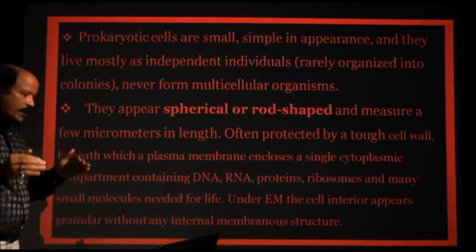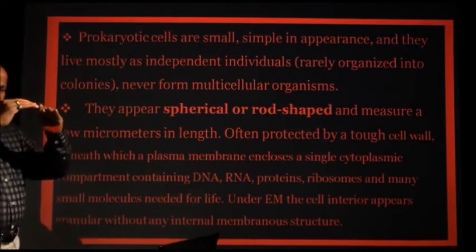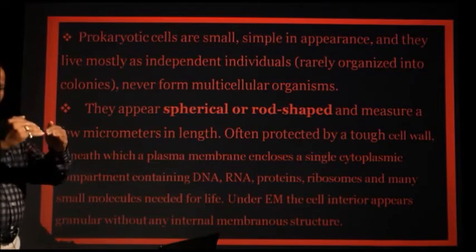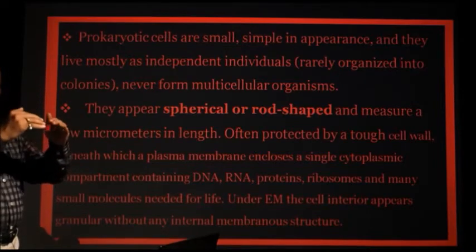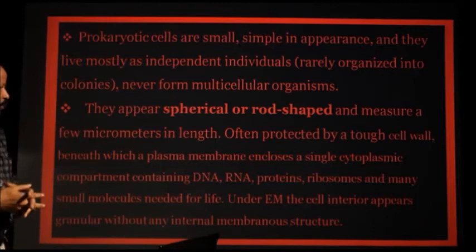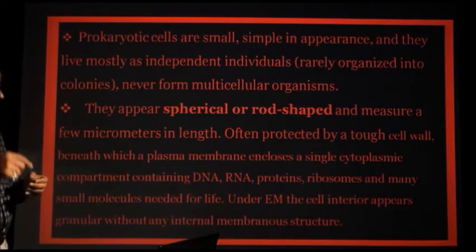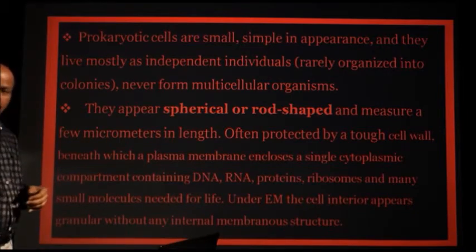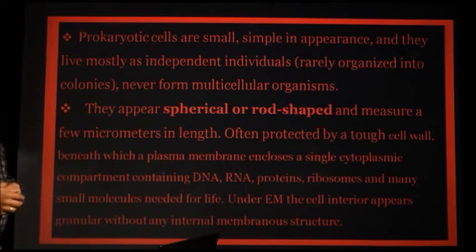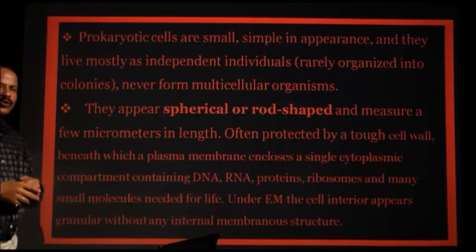The plasma membrane encloses the cytoplasm, which contains the genetic material, that is a double stranded circular DNA, and the RNA molecules, proteins, and the granular particles called ribosomes, which are involved in protein synthesis, and many small molecules needed for life.